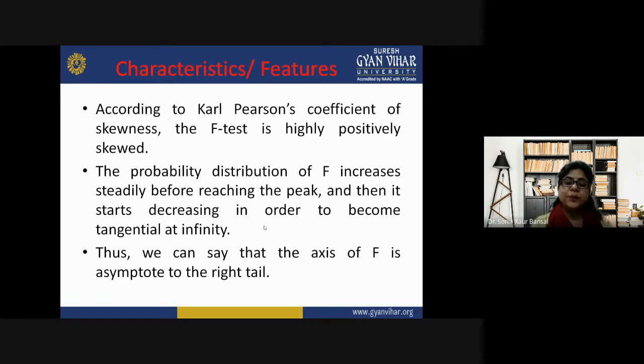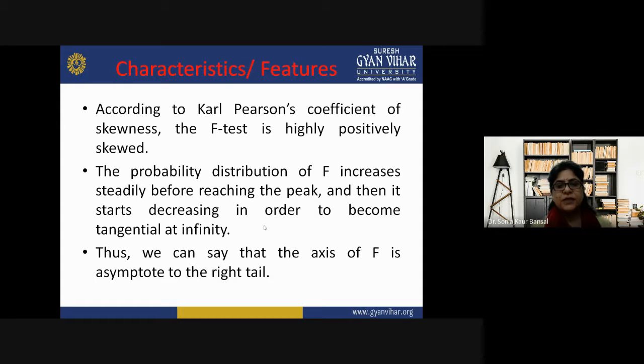Now, another important feature: according to Karl Pearson's coefficient of skewness, the F-test is highly positively skewed. When we see the normal probability curve, NPC, the F-test is highly positively skewed.